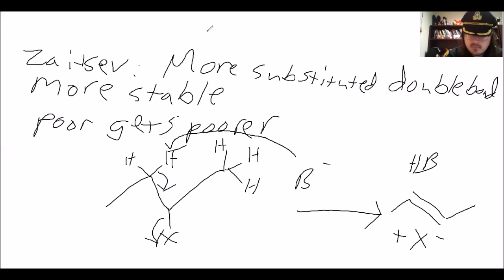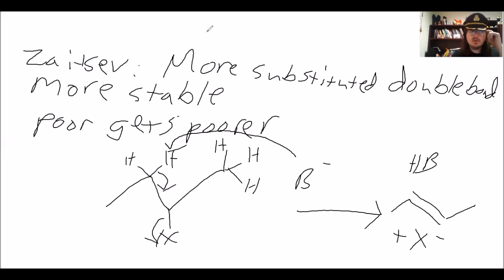Now the Hofmann product is the opposite. It's a less substituted product. But in this case, this Hofmann product is the less stable. Now, if you get an option, cis conformation is less stable than trans conformation. Once again, that has to do with steric hindrance.